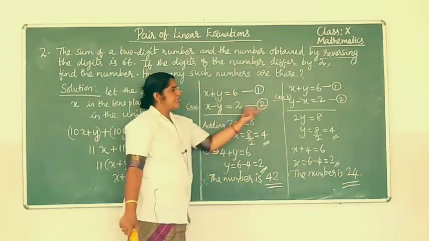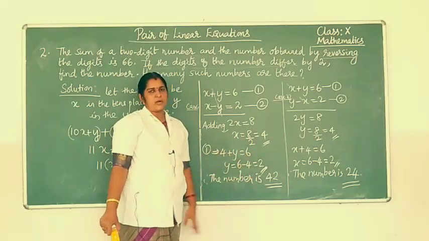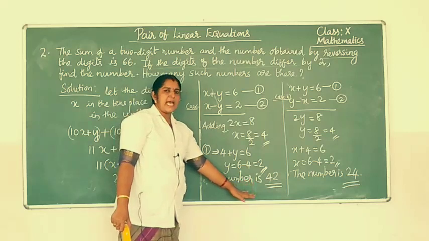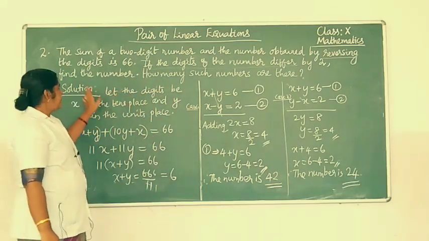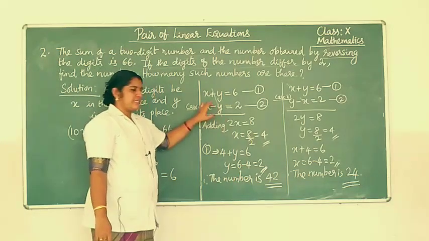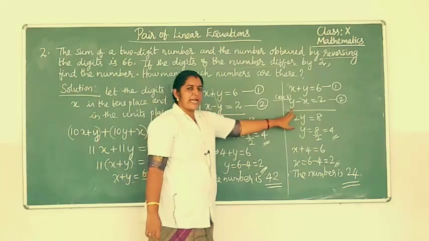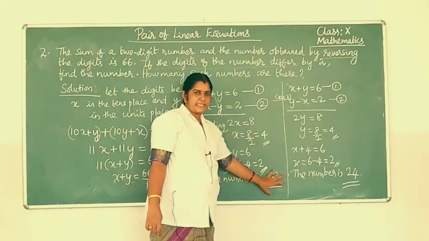So when you consider the two cases, the numbers will be just in the reverse order. Okay. So this is the answer for the first part of the question. What is our first question? Find the number. So our number is 42 in the first case. When you consider the second case, the number is 24. So that is the first answer.